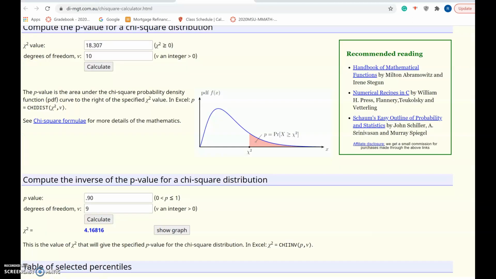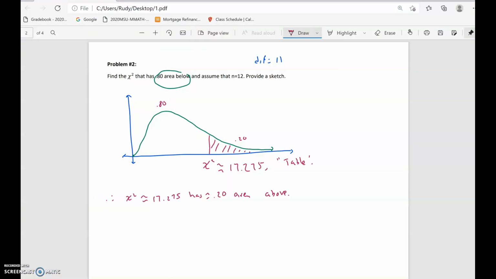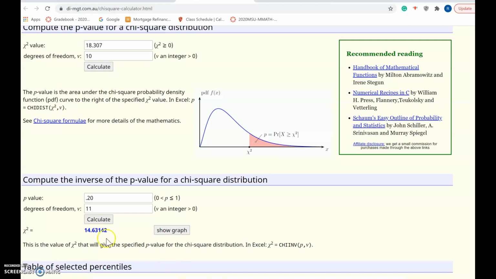So in this case, we're just going to modify that to 0.20. And then we're doing 11. And this one's going to be a little bit off. Let me double check. 0.20 and then 11 degrees of freedom. So 14.631.